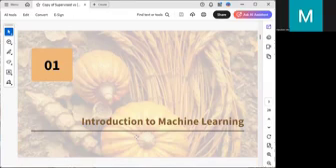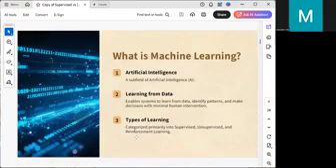So first we'll see what machine learning is. Machine learning is a subfield of artificial intelligence. Next, how we are going to learn from the data.